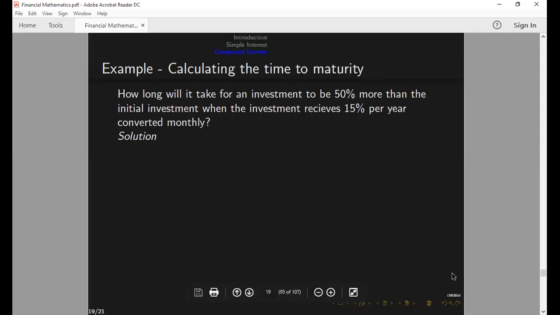How long? Let's look at the question again. How long? Meaning we are looking for time. We are already given the rate, which is 15%, compounded or converted monthly.